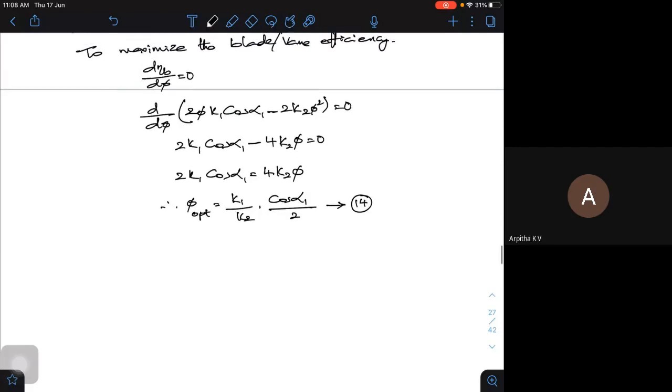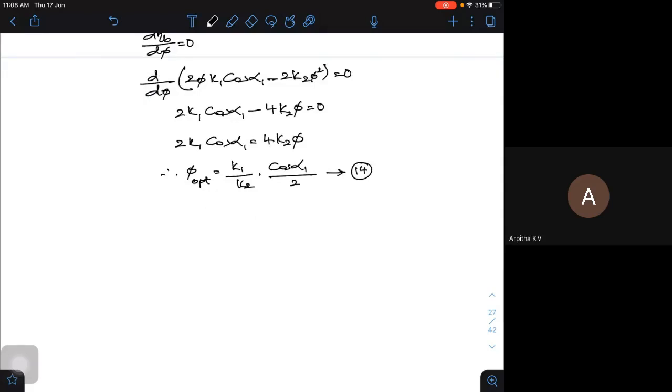Before that, I told that for a frictionless flow, it has been experimentally found that Cb is equal to 1. That becomes constant. Then it has been found that the K1 value is roughly around 4 and K2 is roughly around 8, 7.89 something like that, so it has been rounded off to 8.